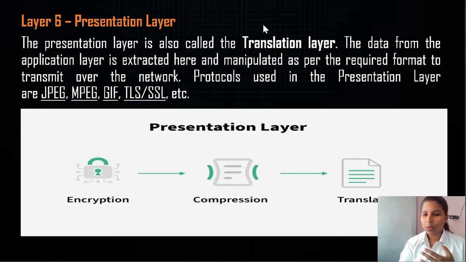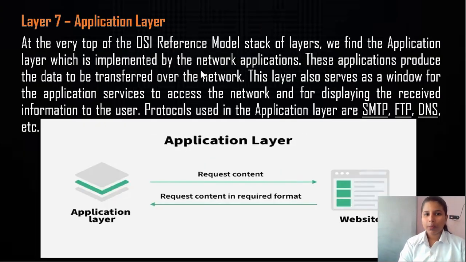In the application layer, the protocols used are SMTP, FTP, DNS, and so on. In the application layer many protocols are used. Sorry, I forgot to explain that earlier. In the application layer we use SMTP, which is the Simple Mail Transfer Protocol, used to send email over the internet.